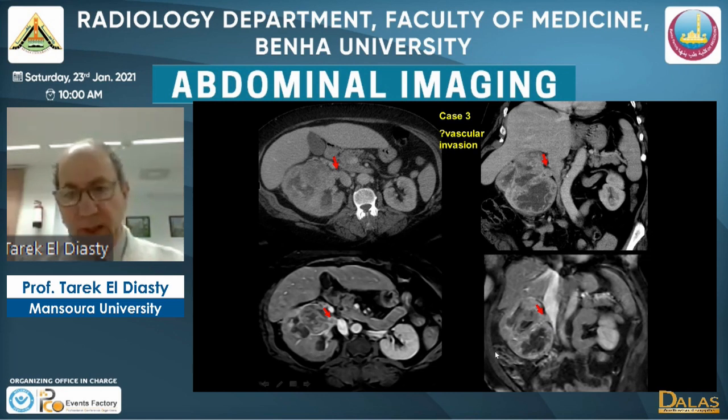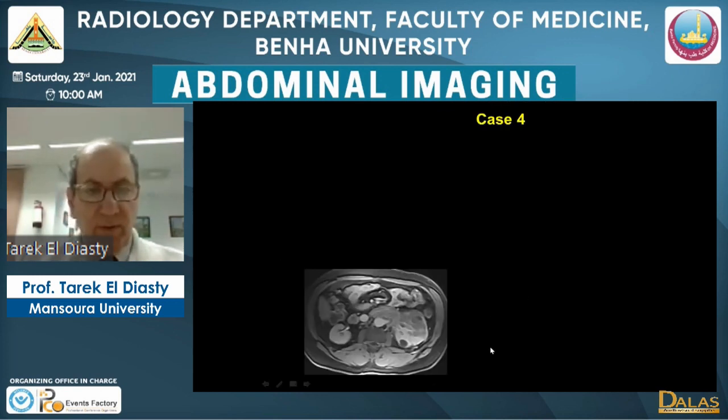So previously, MRI was superior to CT for venous tumor extension, but currently, with 4 multi-detector rows and the advancement of the CT technology, the results now are comparable between CT and MRI in evaluation of tumor venous extension. So it is T3A due to renal vein, but if the vena cava is invaded, it will be T3B.